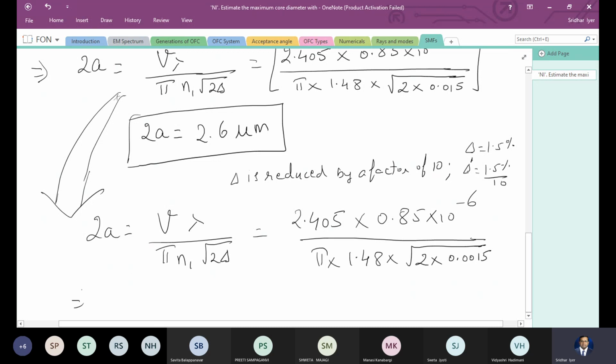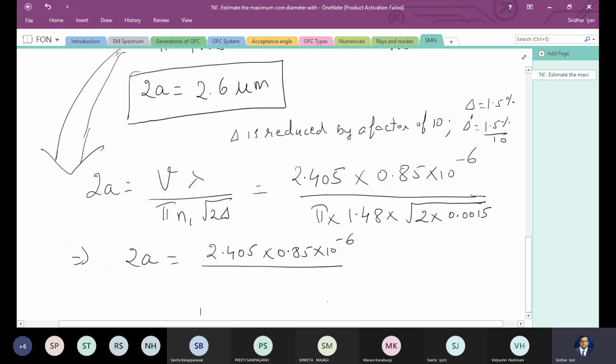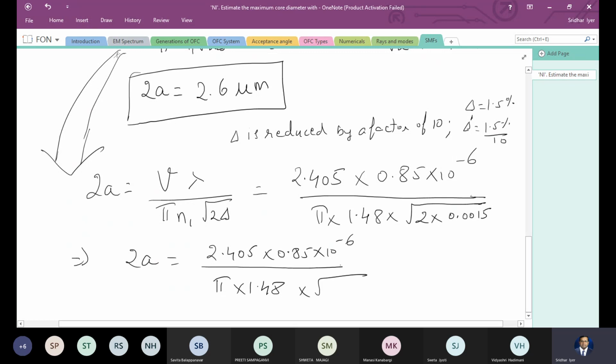So overall, the core diameter 2a will be 2.405 into 0.85 into 10 raised to minus 6 divided by pi into 1.48 into square root of, now if you multiply 2 with 0.0015, you'll get 0.003, right?